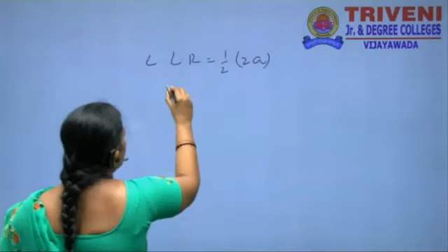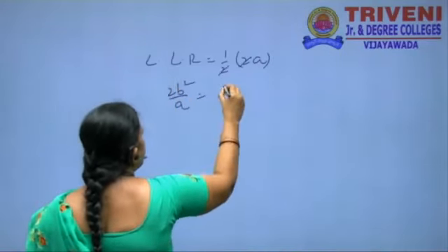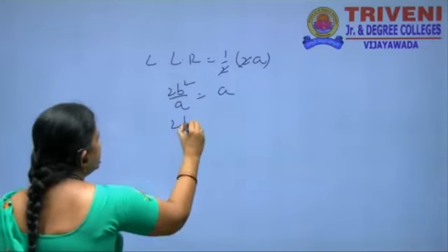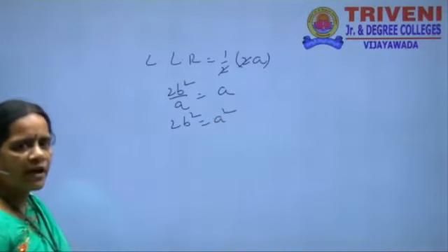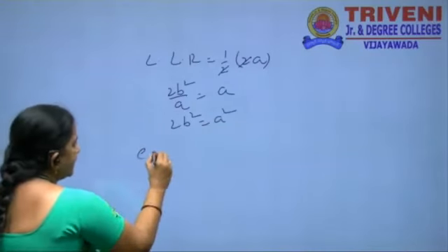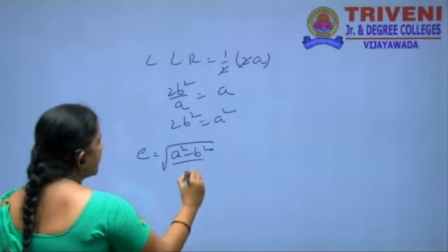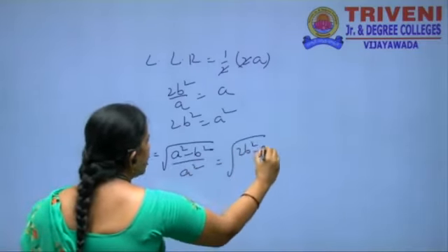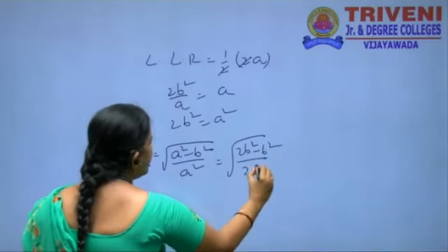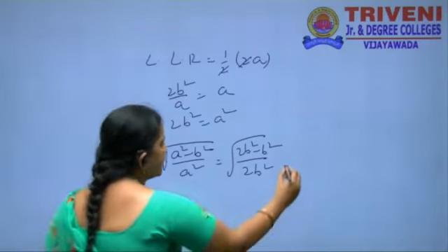That is 2b square by a is equal to a, 2 gets cancelled here. Then we can get 2b square is equal to a square. Then we have to find the value of eccentricity. That is e is the square root of a square minus b square by a square, that is equal to 2b square minus b square by 2b square. 2b square minus b square is b square.